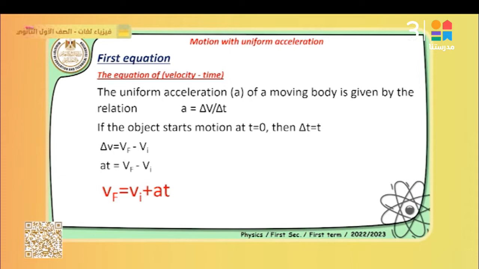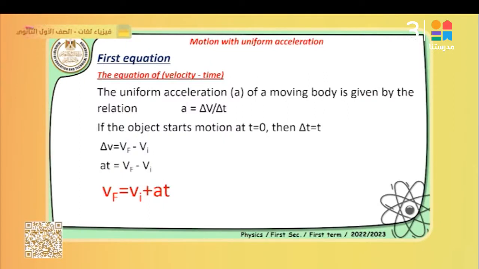So, if the object starts its motion at T equals 0, which means the object was in a static state, then starts the motion, and ends the motion in a specific time. So, the change in T will equal the period of time or the time taken to make the motion. So, delta V, as we talked before, equal V final minus V initial.